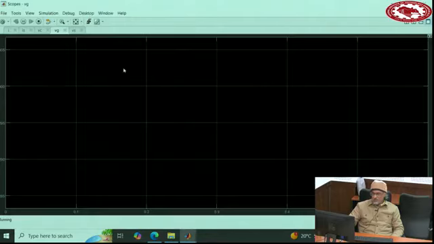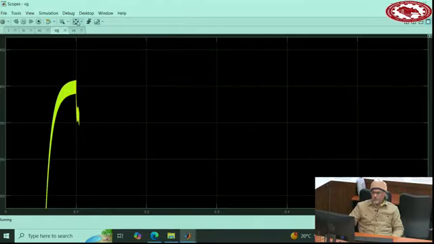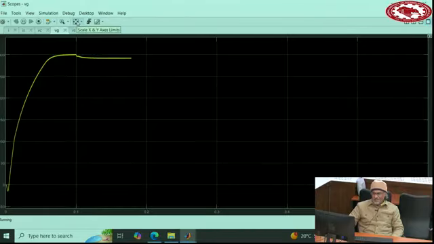I don't know why it doesn't show on the oscilloscope. Oh, now it's showing. It has some delay.